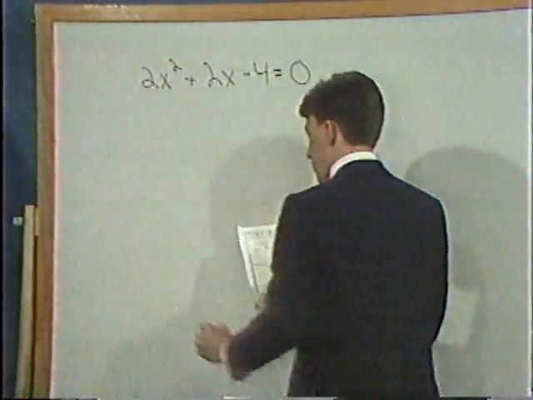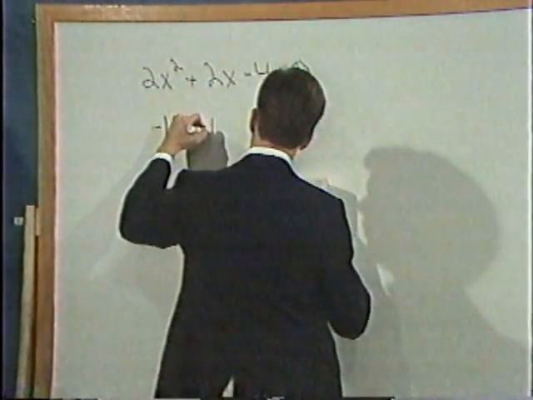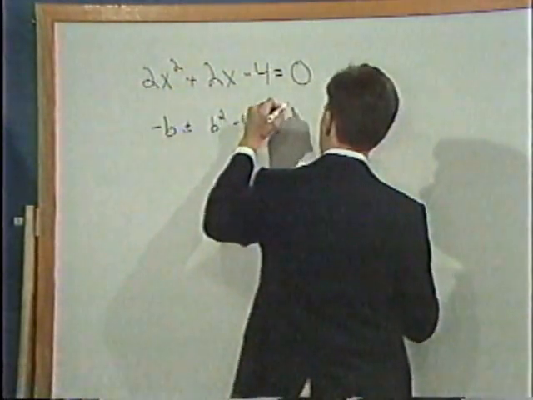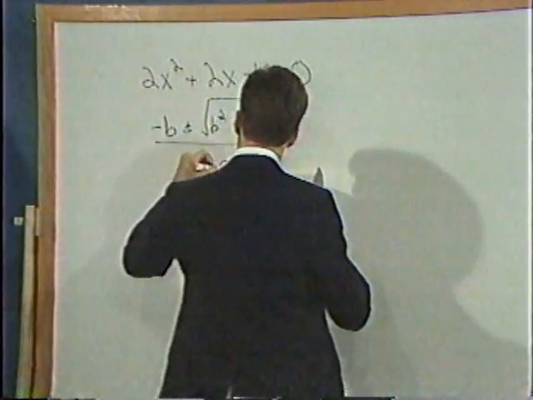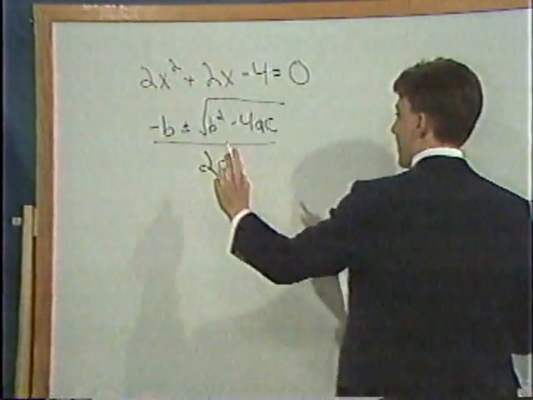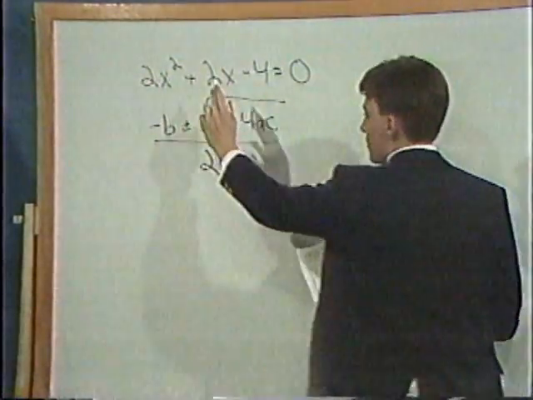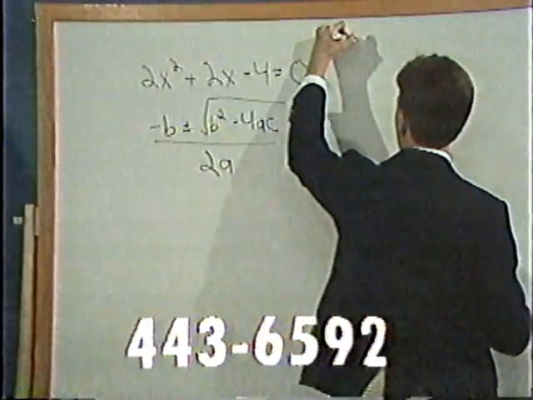And the quadratic formula is negative b plus or minus the square root of b squared minus 4ac, over 2a. Okay, and to get our a, b, and c values, this would be our a value for the equation, this will be our b, and this will be our c value. So let me write this up here.